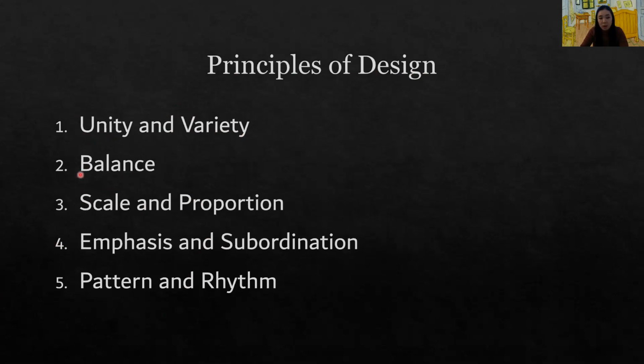The next one is balance. The third one is scale and proportion. The fourth one is emphasis and subordination. And the last one is pattern and rhythm. So today we are going to see the first three principles of design: unity and variety, balance, and scale and proportion.